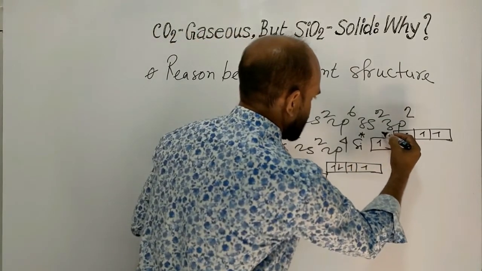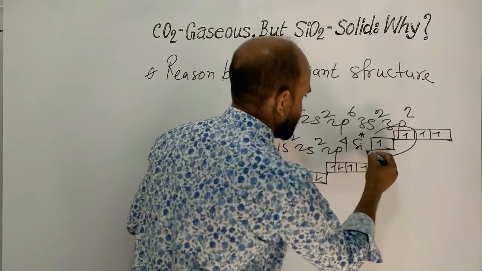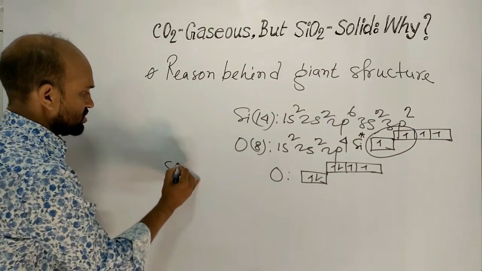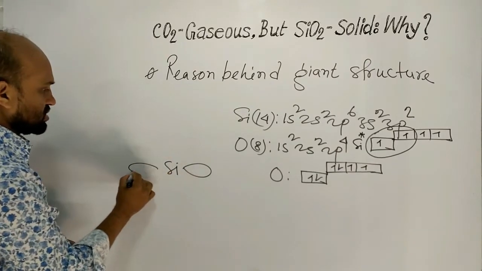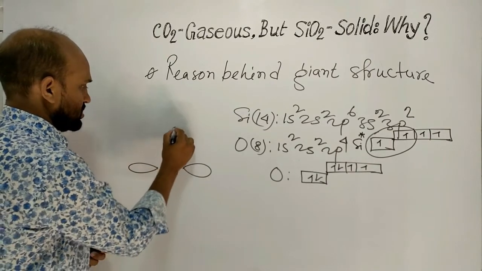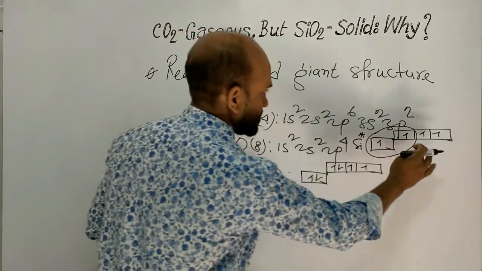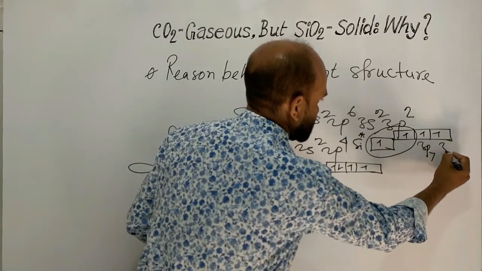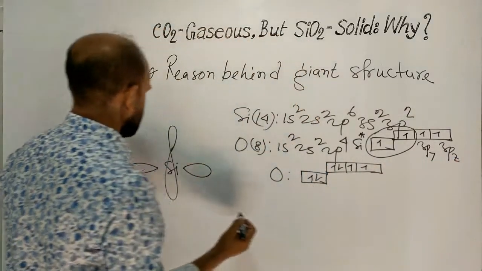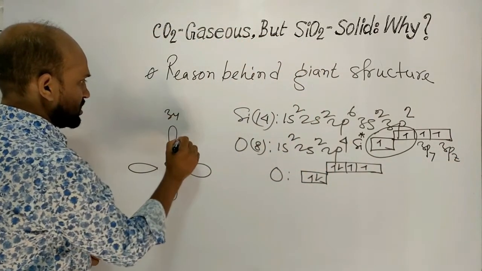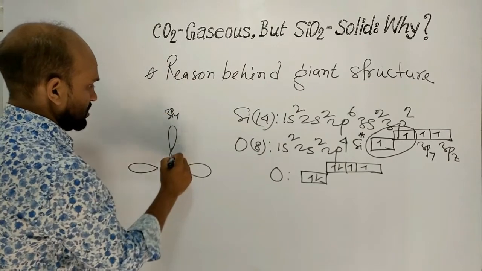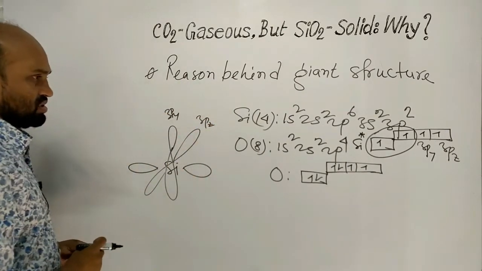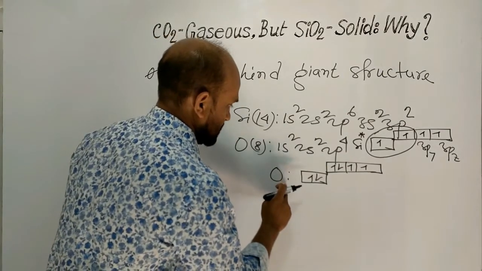Silicon undergoes sp hybridization. Here are the silicon sp orbitals, and these are the unhybridized 3py and 3pz orbitals.